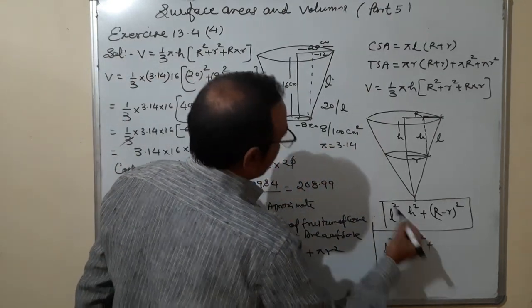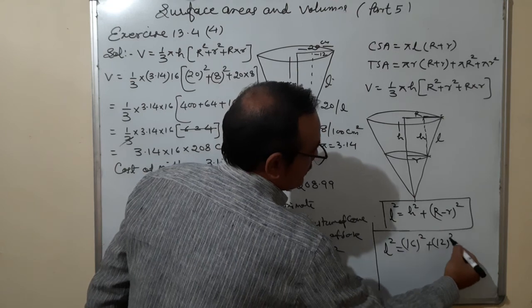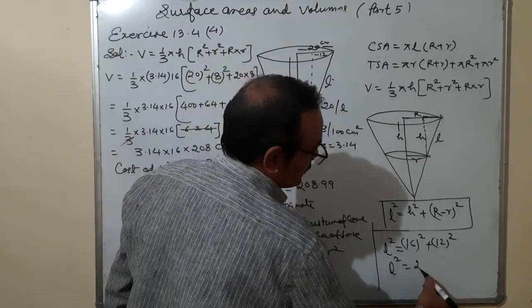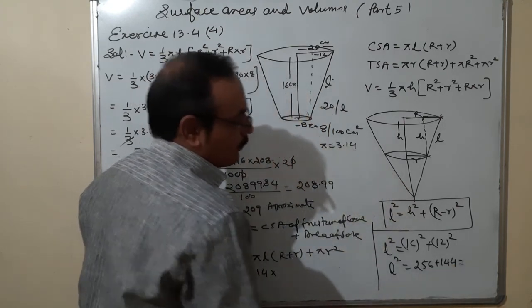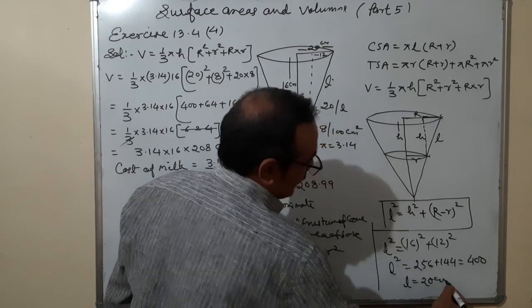So 16 into 16 is 256 and 144. What is coming? 400. So therefore L is equal to 20 centimeter.